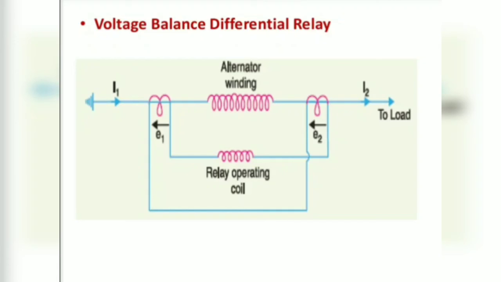The secondary voltage is not balanced. This voltage difference will cause a current to flow through the operating coil of the relay, which closes the trip circuit. So whenever I1 and I2 are not equal, the relay operating coil operates and it will close the trip circuit.